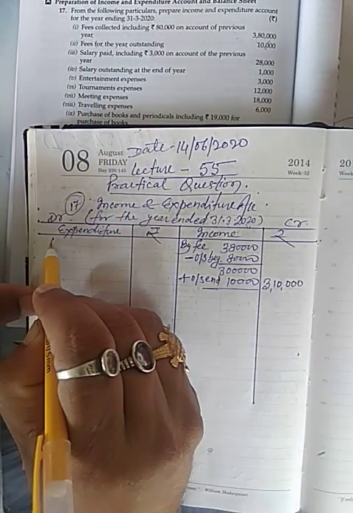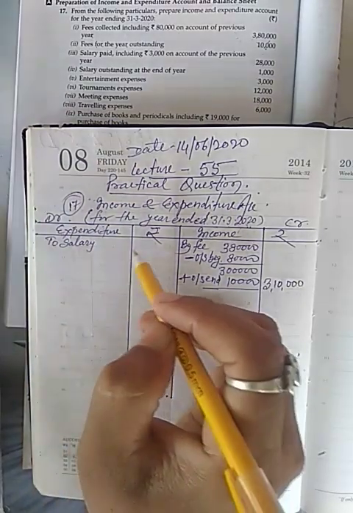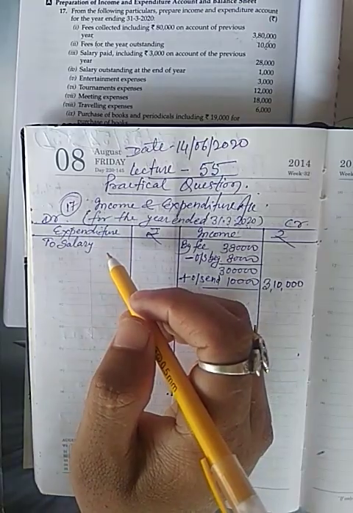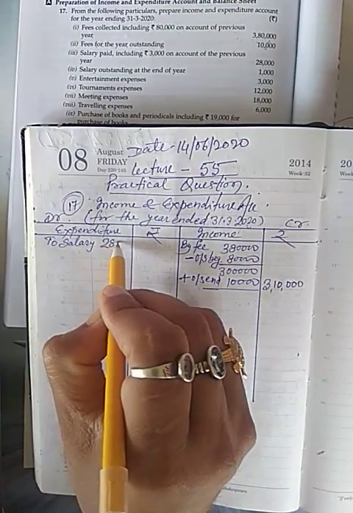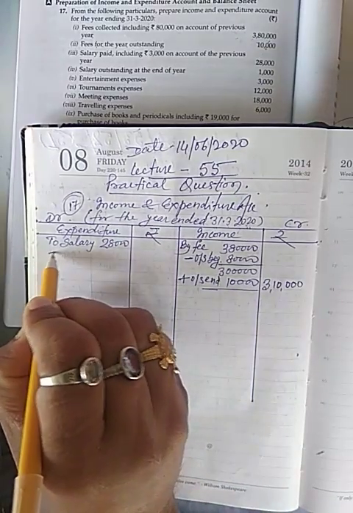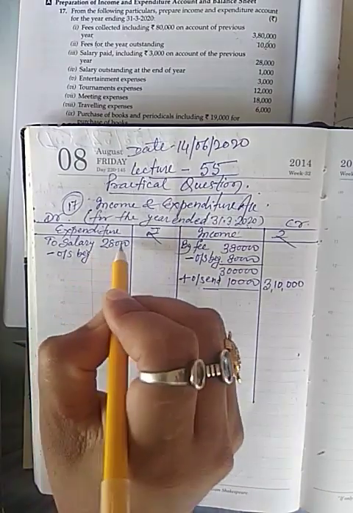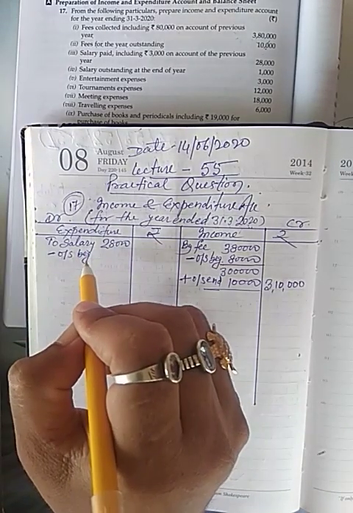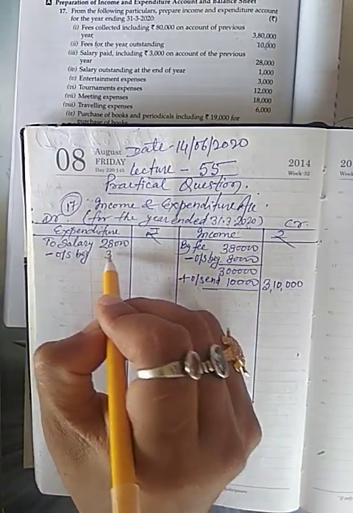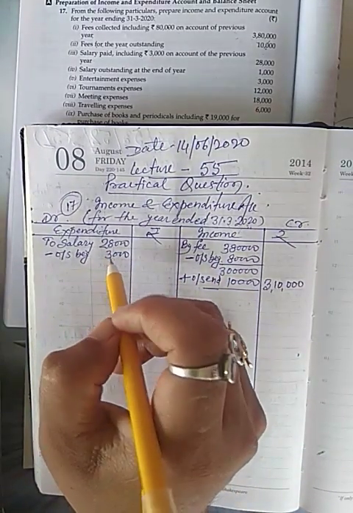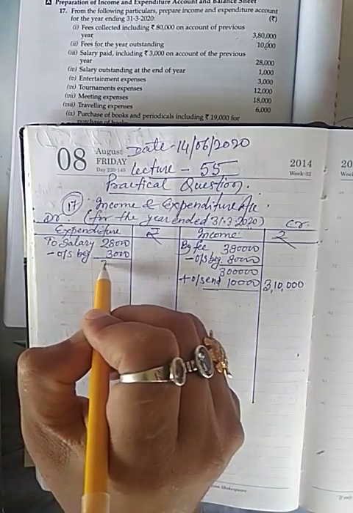Now I will write to salary 28,000 and minus outstanding at the beginning of the year. This is last year's outstanding, so I will deduct 3,000 and it will remain 25,000.